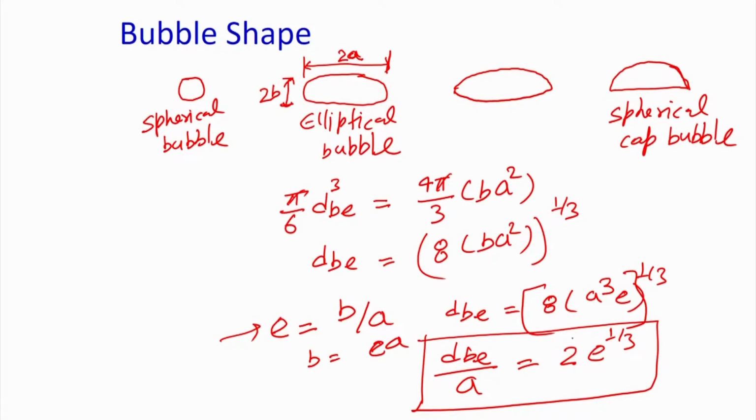Depending upon the different flow rate and different fluid properties, this e value will keep changing, and correlations have been developed showing how e is correlated for different systems. Several such correlations are available, but most of them are in the form e is equal to 1 upon C1 plus Eo raised to the power C2.